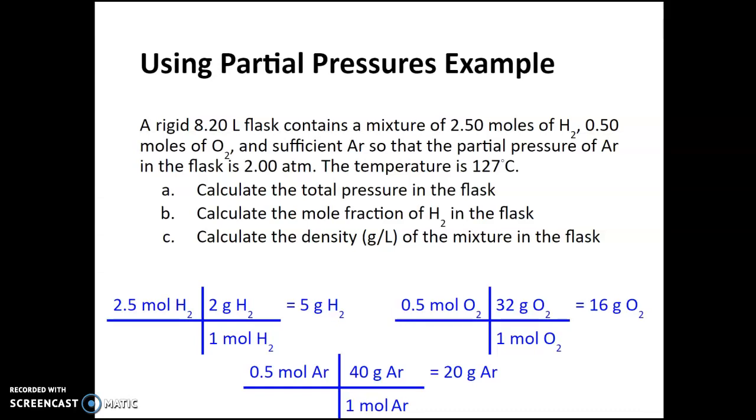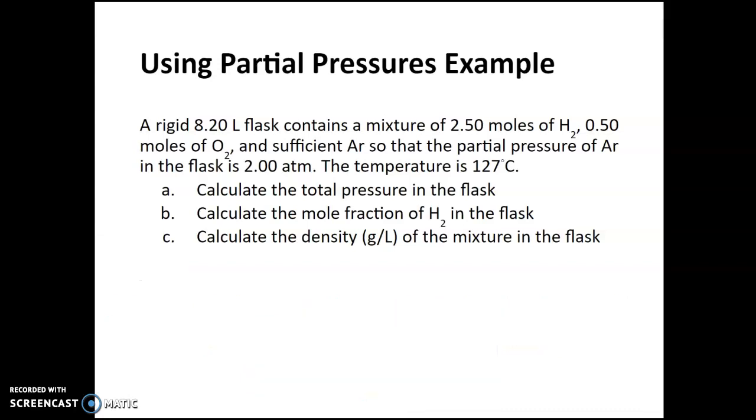Last but not least, we need to find the density. So for the density, it's in grams per liter. So the first thing I think is, gosh, I need to change all this stuff into grams. So I use my moles of hydrogen and the molar mass and find grams of hydrogen. Same thing for oxygen. I know that I have 3.5 total moles of gas, so I can subtract and find out that I only have 0.5 moles of argon, and so that gives me 20 grams of argon.